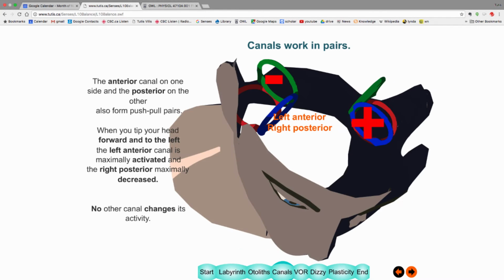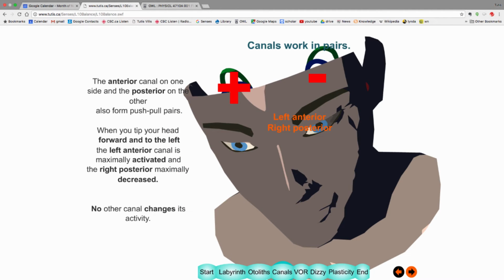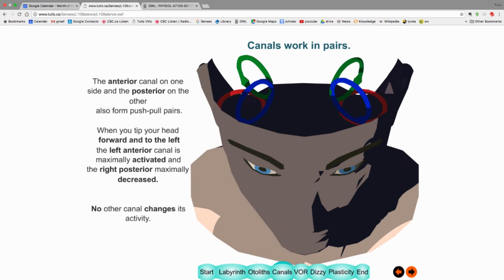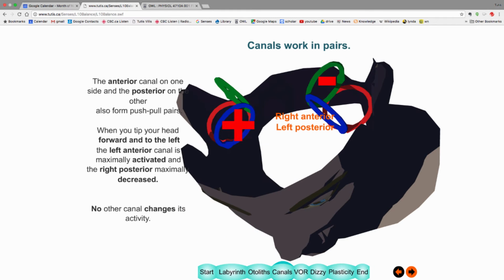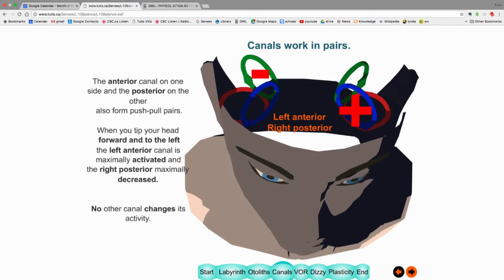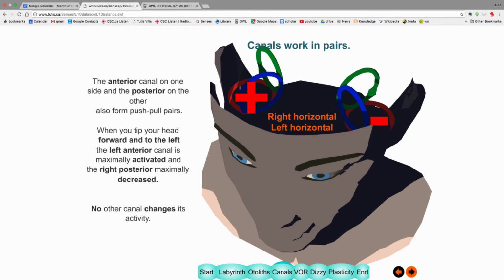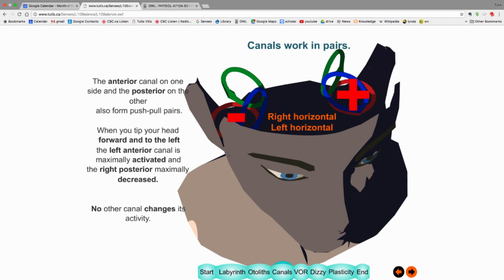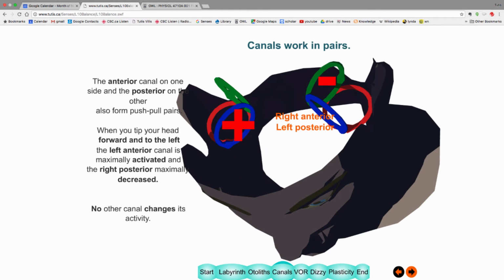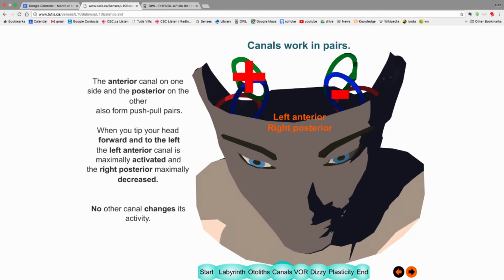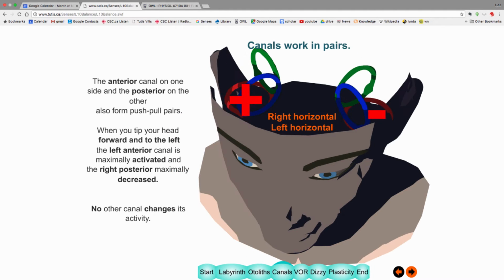So if you turn your head horizontally, all four vertical canals are silent. When you turn your head in the plane of, let's say, the anterior on the left and the posterior on the right, only those two canal pairs are being activated, either increasing or decreasing. The other four canals are also silent.